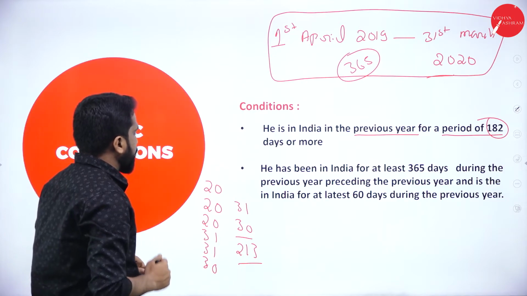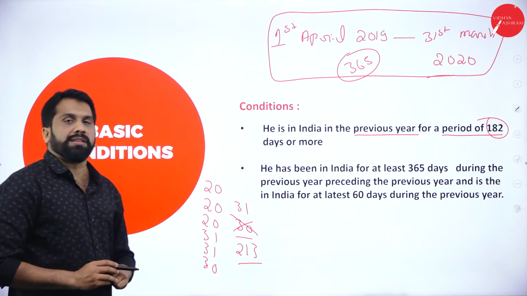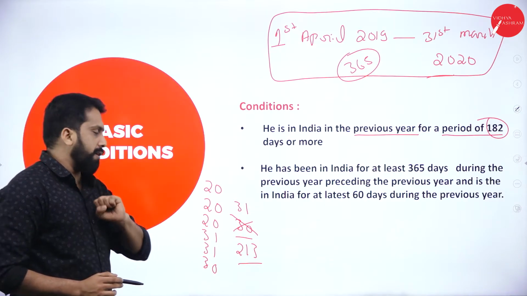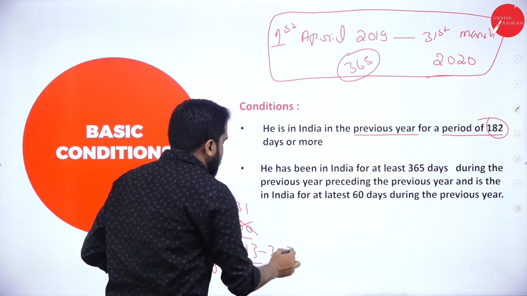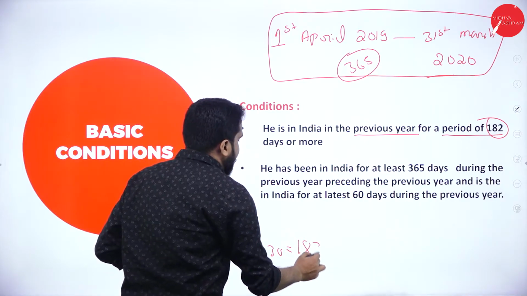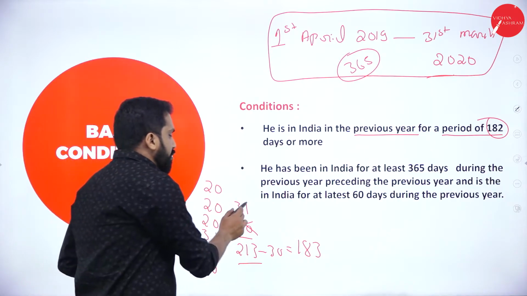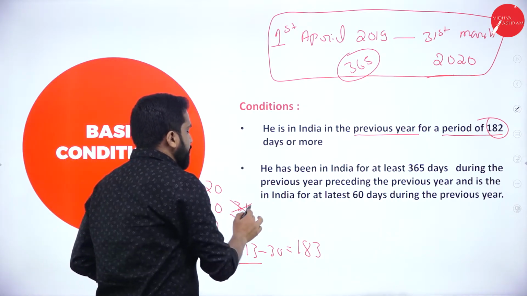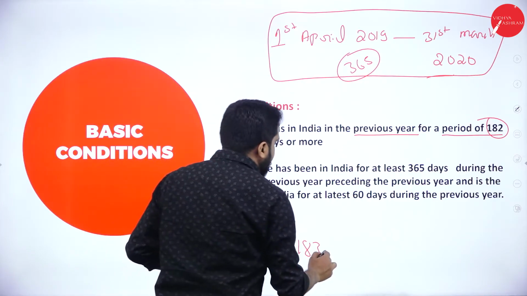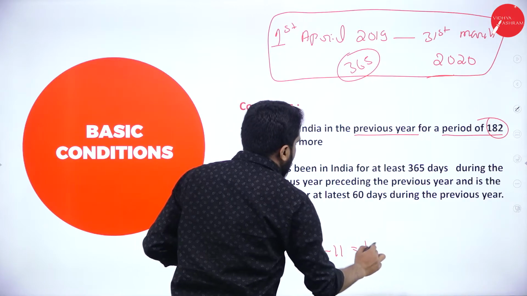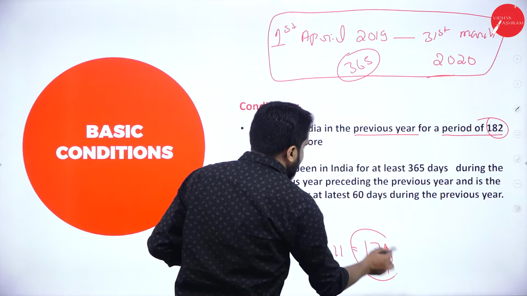Now, in example number 2, November month he was not there. He was not there means 213 minus 30. How much is it? 183 days. Now, in the month of October, 11 days he was not there. He was only there for 20 days. If you minus 11, it will be 172.